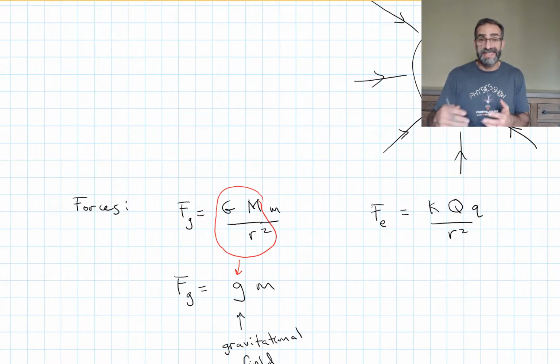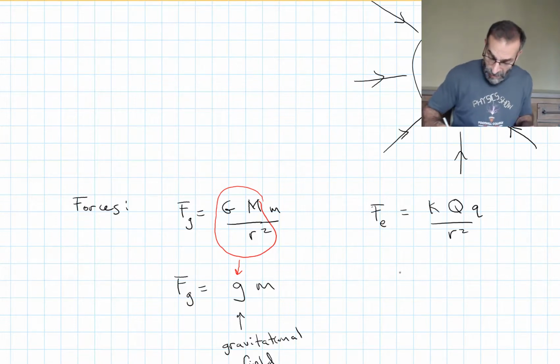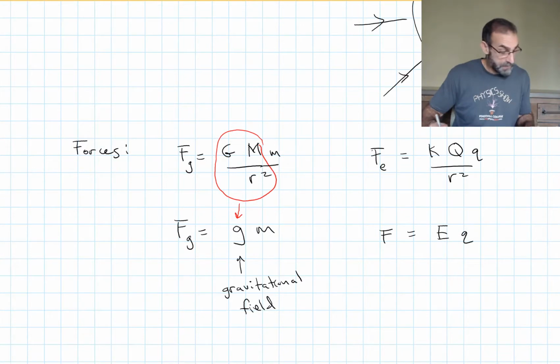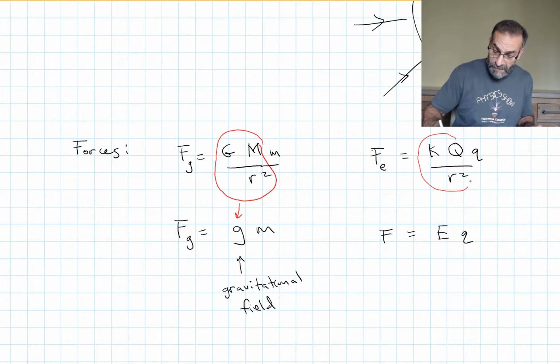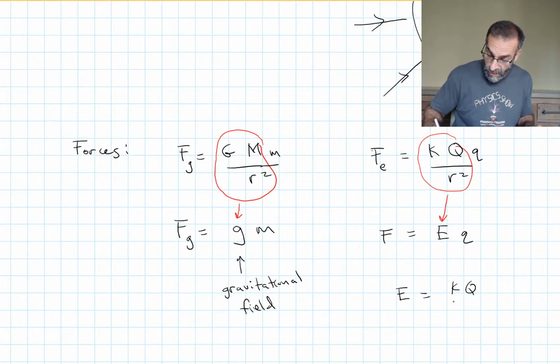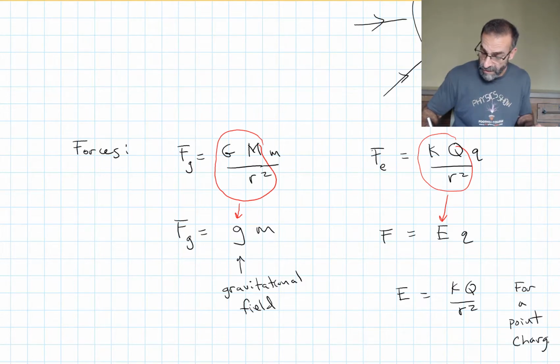If the only thing that's changing is my lowercase q, I don't want to have to calculate this every time. So I want to do the same thing I did with gravity. I want to say the force is going to be equal to some electric field times the charge that I'm putting there. And how do I find the electric field for a point charge? The electric field is K Q over R squared. That's for a point charge.